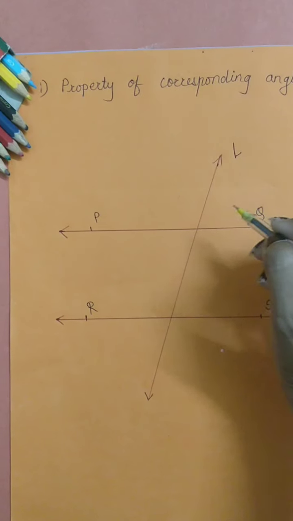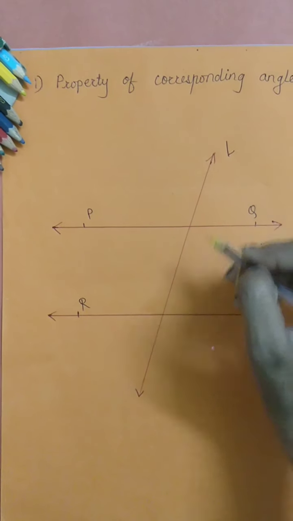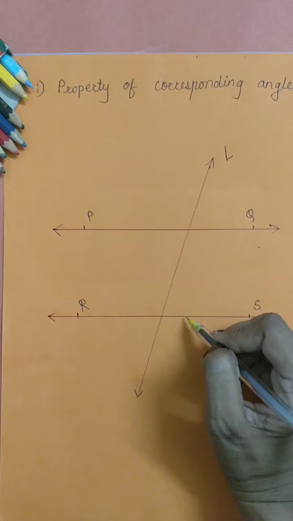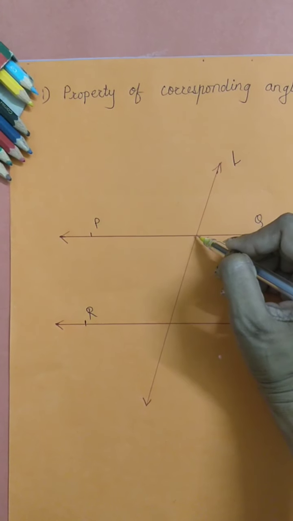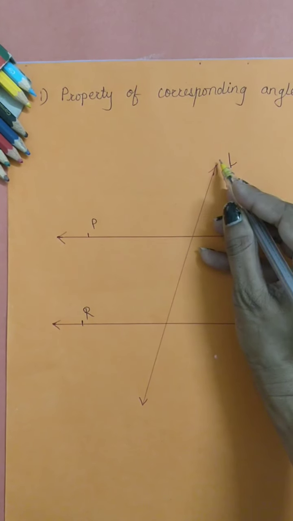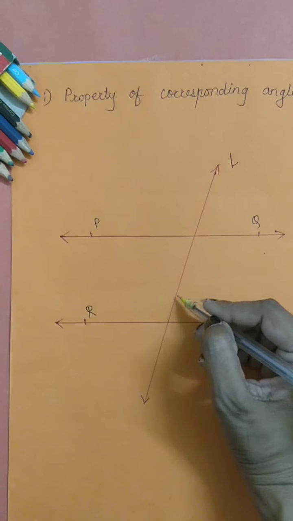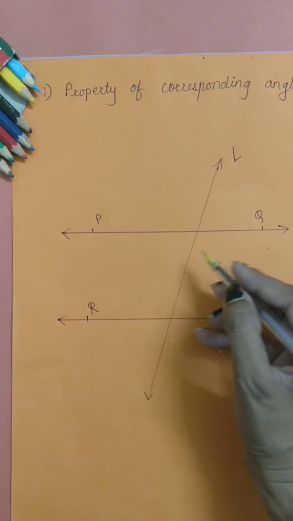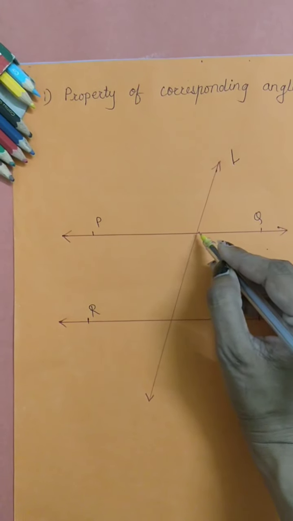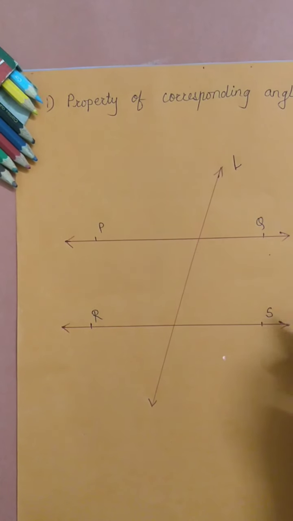Now if we think about this angle and this angle, they have their one arm on the transversal, and their other arm in the same direction.